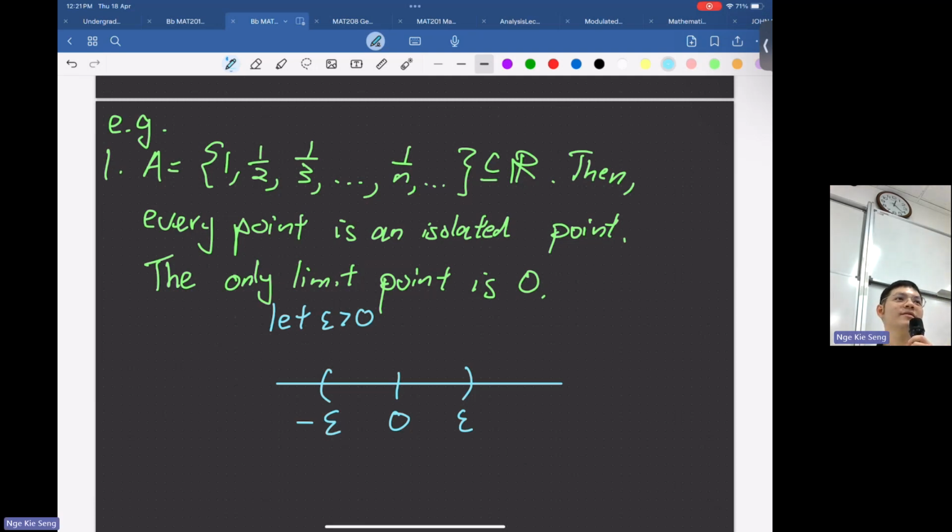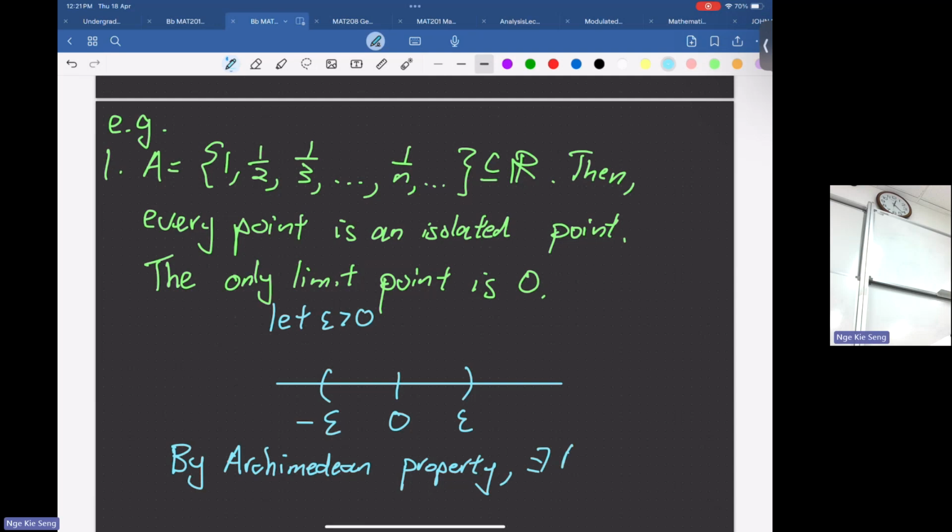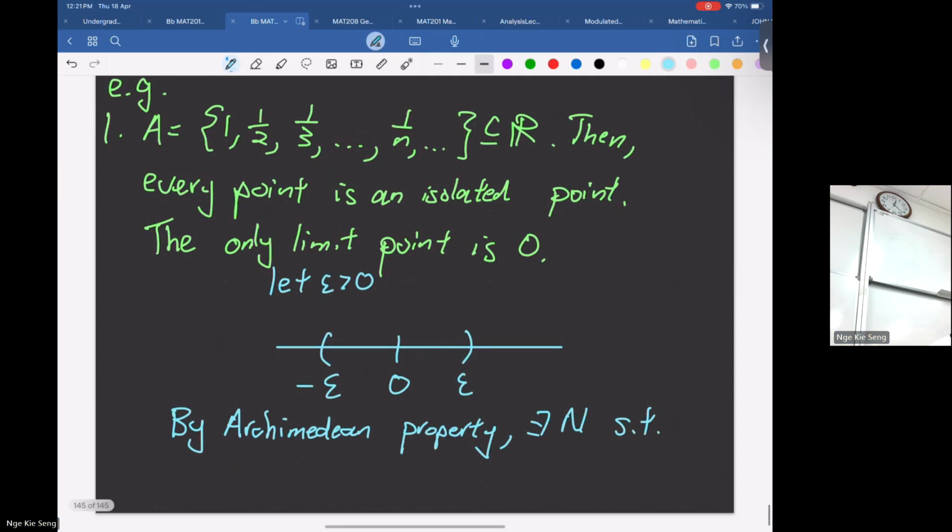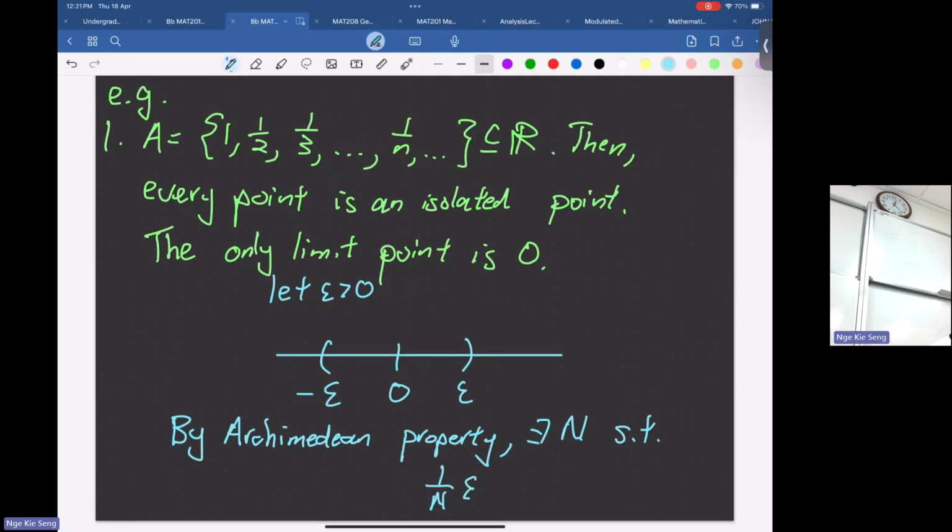Yes, good. Archimedean property. By the Archimedean property, there exists a capital N such that 1 over N is less than epsilon. Okay, good.